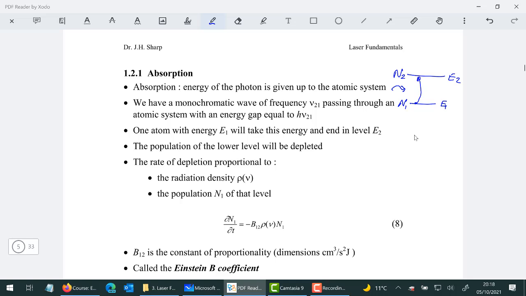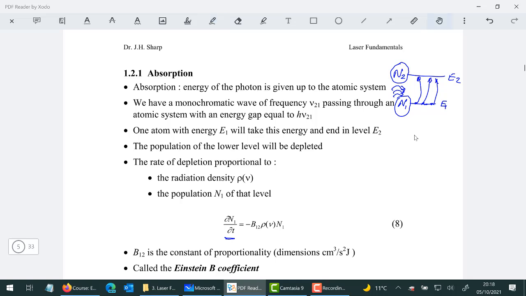So we've decreased the number of atoms in level 1, and we've increased the number of atoms in level 2. So how quickly does that process happen? What's the rate of change of the number of atoms in level 1? Well, it depends on how much light we put in here. So if we put in lots of photons, then we can get lots and lots of atoms making that transition.